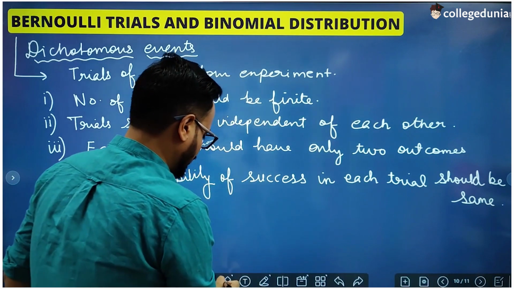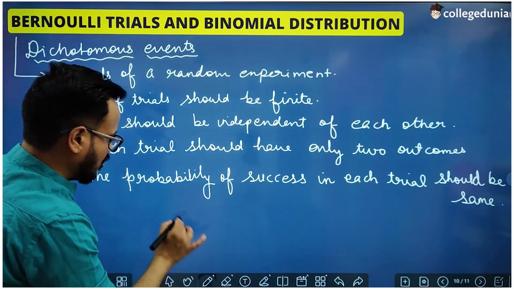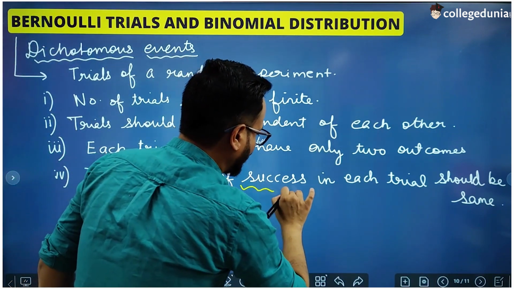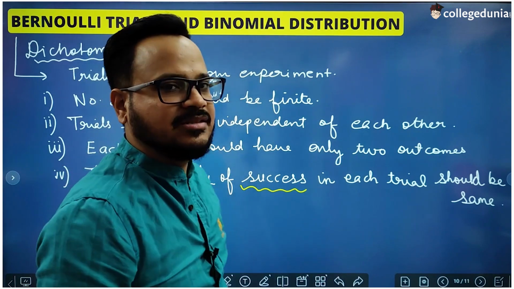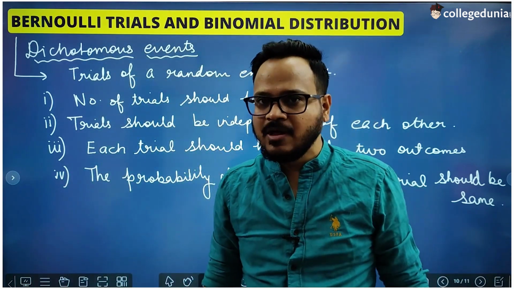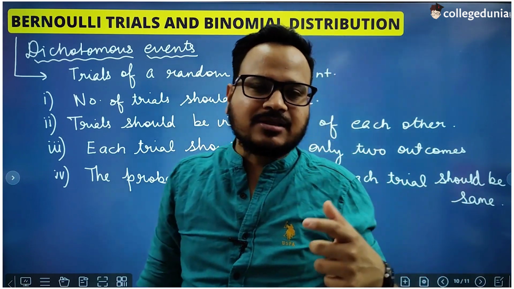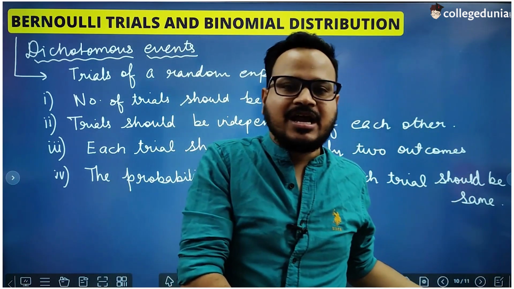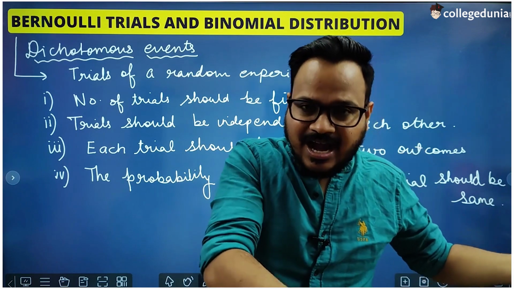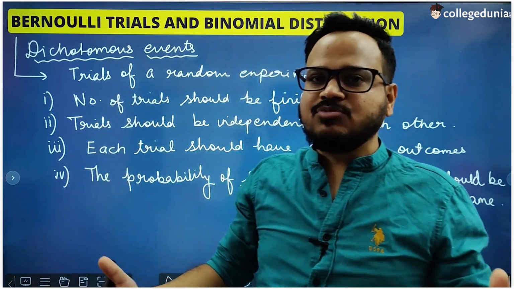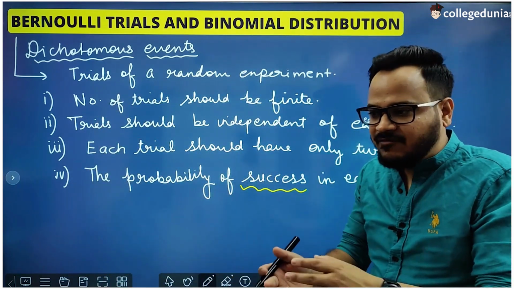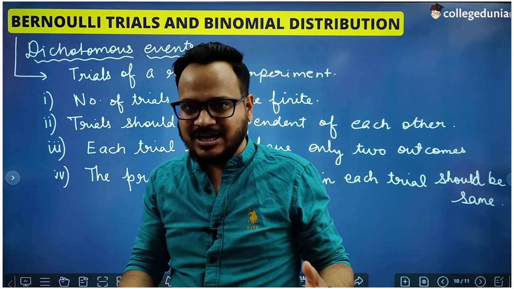What is success? Success is one of the two outcomes. Success can be considered as any one of the outcomes. For example, if I am tossing the coin and I am saying that what is the probability of getting a head, then getting a head is the success. When head comes, I'll say that it is a success, and when tail comes, I'll say it is a failure.